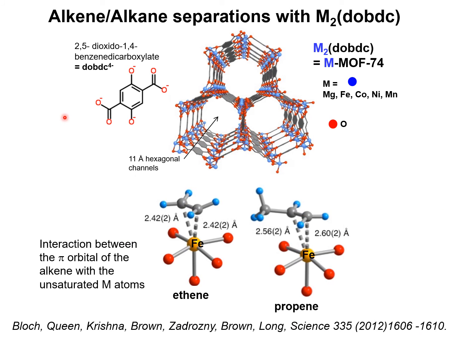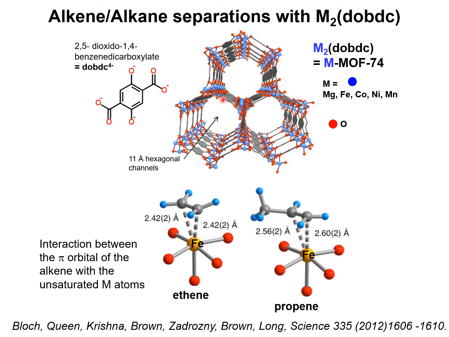One candidate MOF for use as adsorbent in alkene-alkane separations is MOF 74, where the M represents the unsaturated metal atoms such as magnesium, iron, cobalt, nickel, or manganese, and these are indicated by the blue spheres in this structural representation.